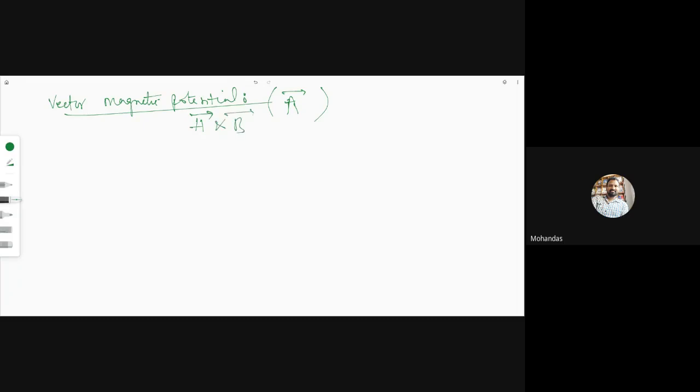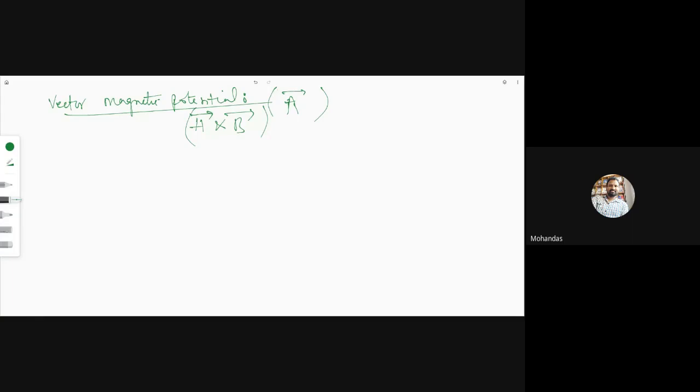we are going to define another one called vector magnetic potential. Let us see what the vector magnetic potential is, which is denoted as A. The purpose of defining the vector magnetic potential is to calculate what? H and B only. That is the reason why you are defining these potentials: the vector magnetic potential and the scalar magnetic potential.